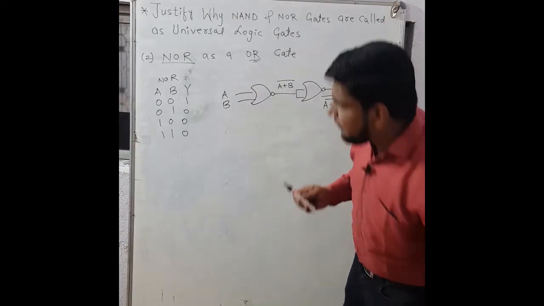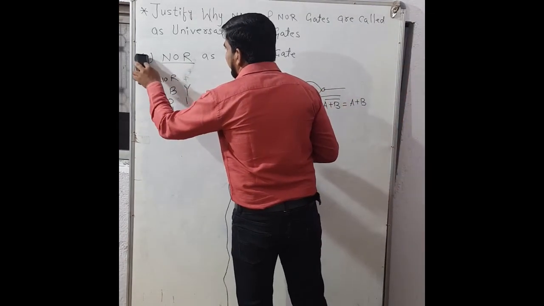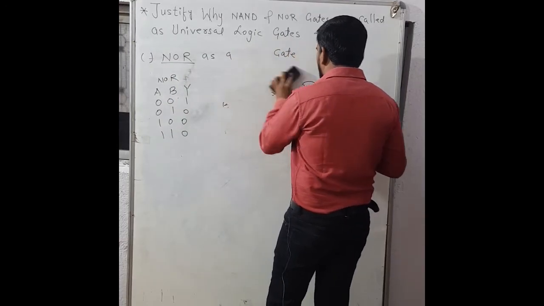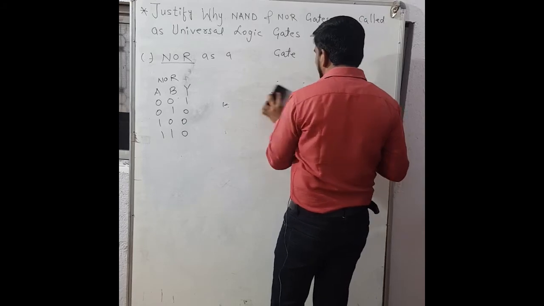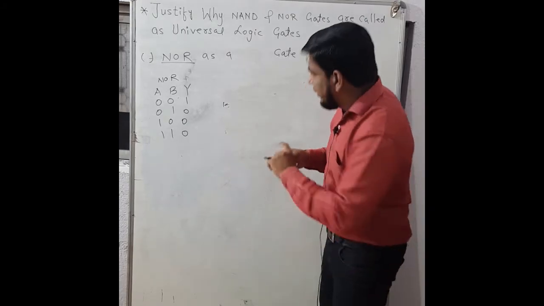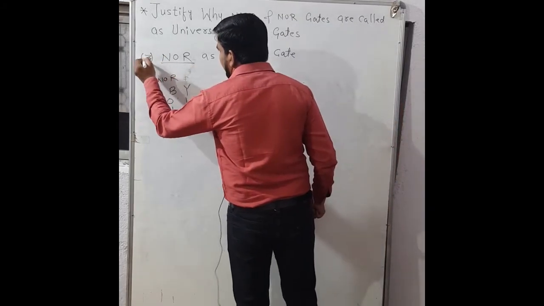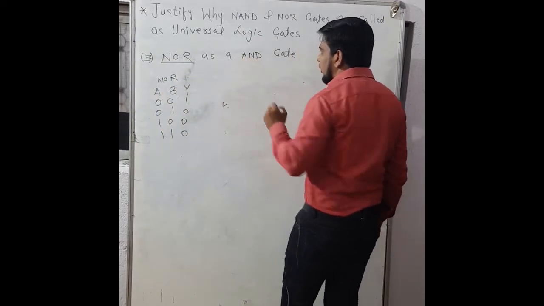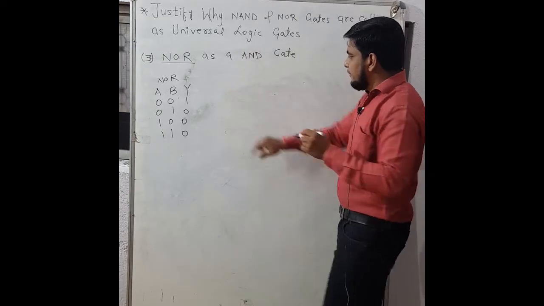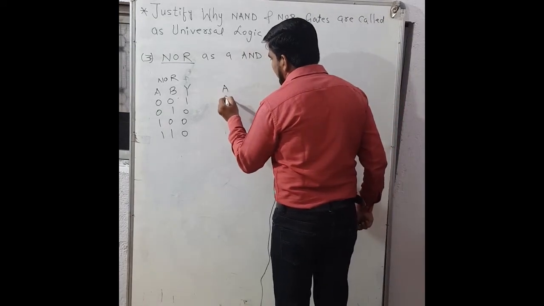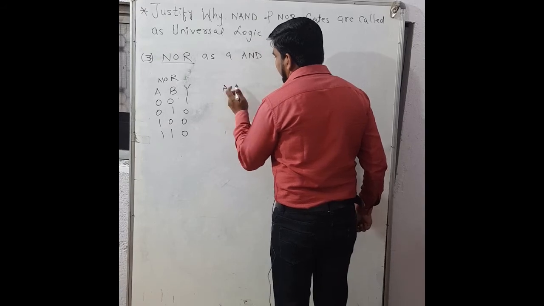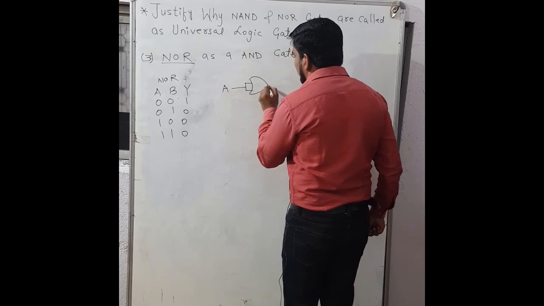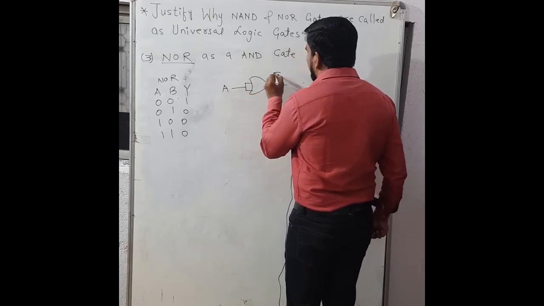And the last one, we will see how the NOR gate will work like an AND gate. The third configuration is NOR as an AND. When A is applied to a NOR gate whose inputs are shorted, the output, we know, is A complement.